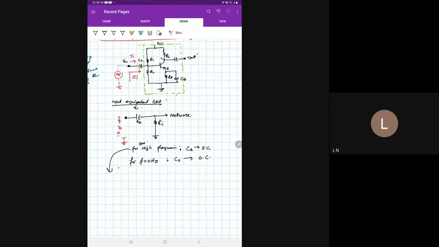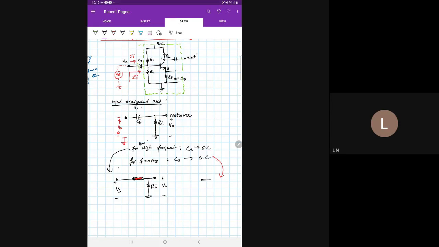So for high frequencies, the net equivalent circuit has a short circuit, and then we have R of I, and then V output to the network. This is V of S, and you have a short circuit here. That is for high frequencies. For low frequencies, the equivalent circuit will be like this.